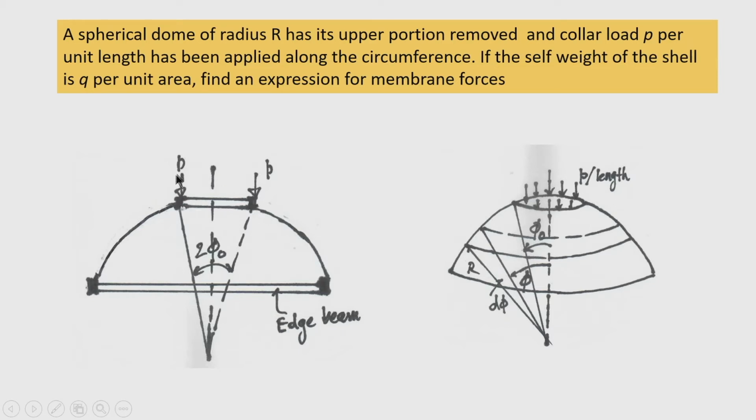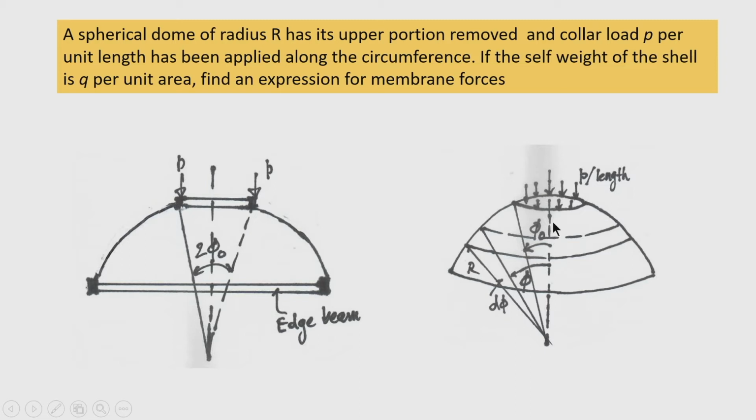This is the H beam on the shell, and I have drawn the load in a 3D view. That load P is a line load acting along the circumference. So the extra load put here at the edge of the opening is P into the length of the circumference. Okay.